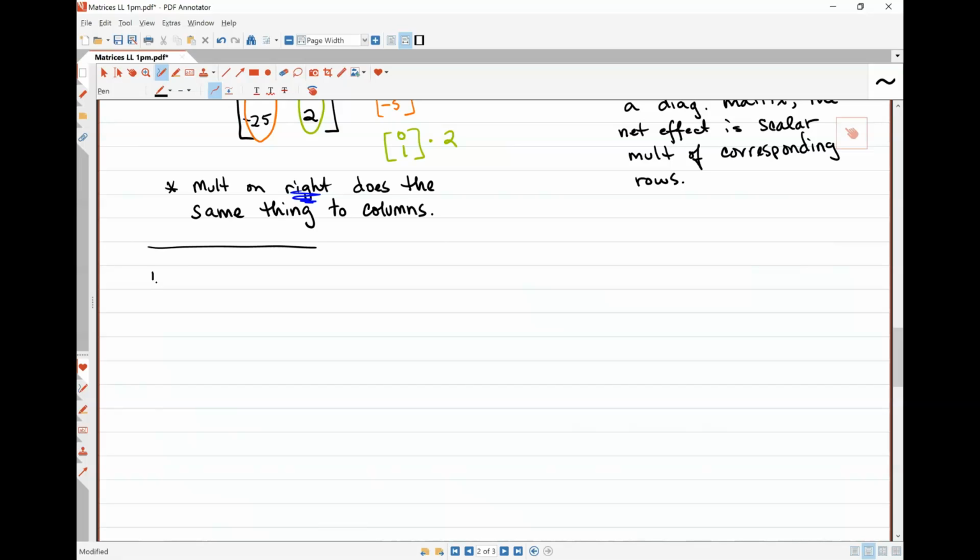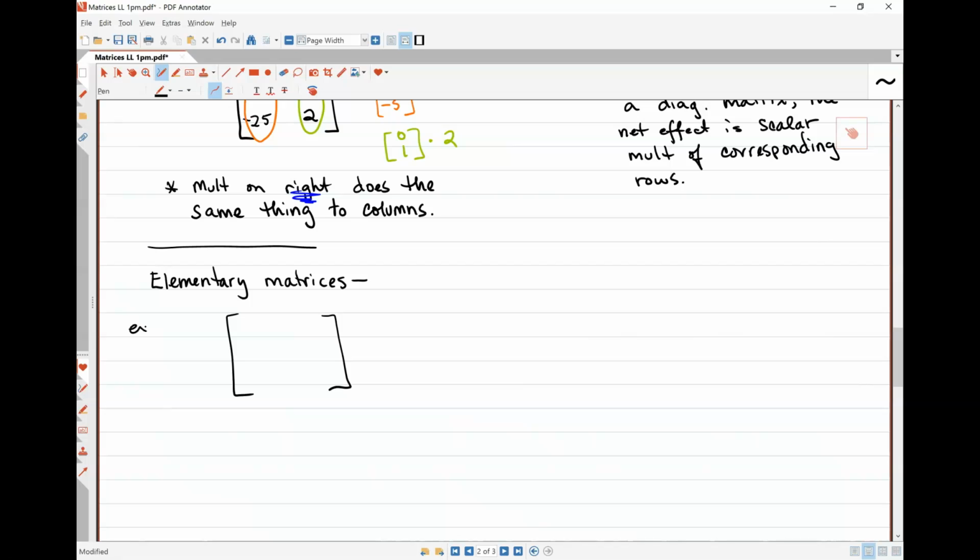These are called elementary matrices. The ones I want to show you right now are of one sort. They're comprised of all zeros and ones, and they differ by just one place from the identity matrix.